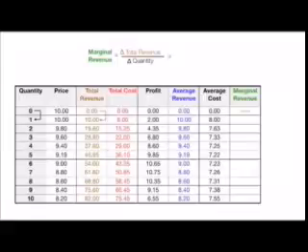Therefore, I take 10 minus 0 divided by 1 minus 0. This equals, of course, 10 divided by 1. So the marginal revenue is equal to 10.